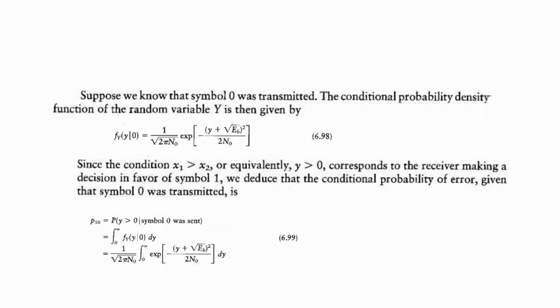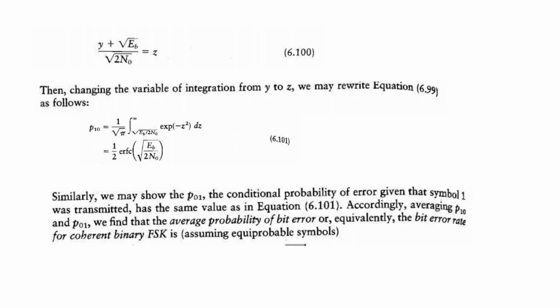We know that when symbol 0 was transmitted, the conditional probability density function of the random variable Y is f of Y given symbol 0, equal to 1 by root of 2 pi N0 into exponential of minus y plus root Eb the whole square divided by 2 N0. Since the condition is x1 greater than x2, the decision is made in favor of symbol 1. Otherwise, the decision is made in favor of symbol 0.